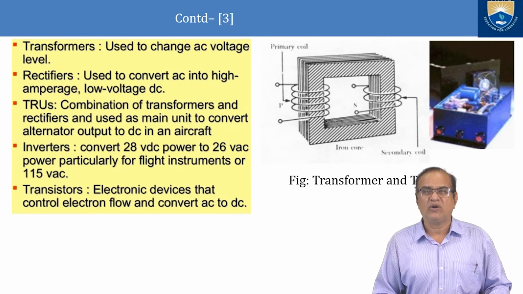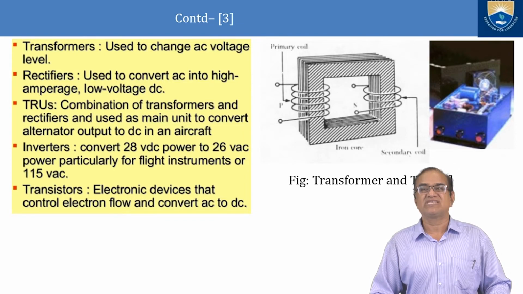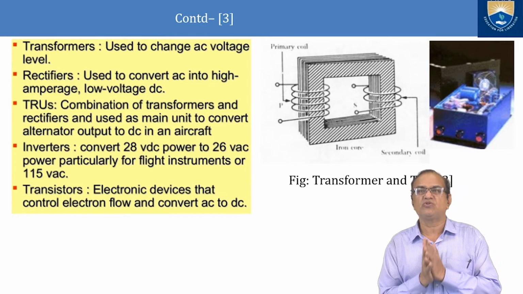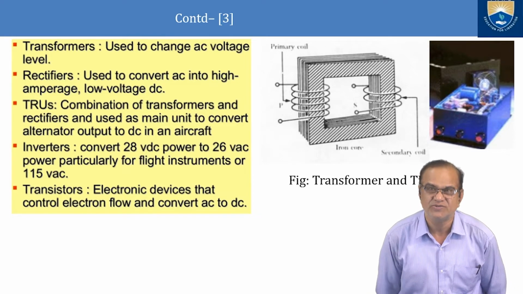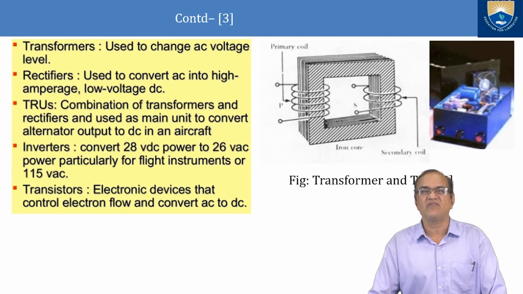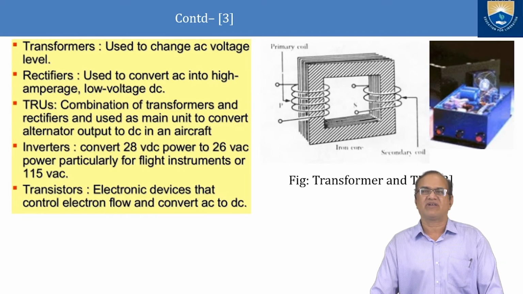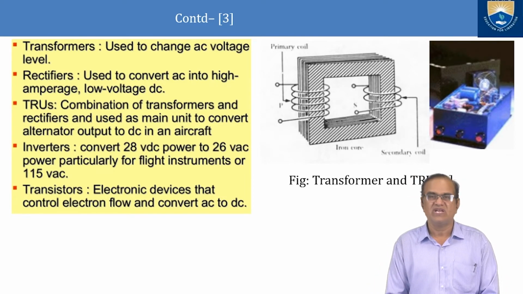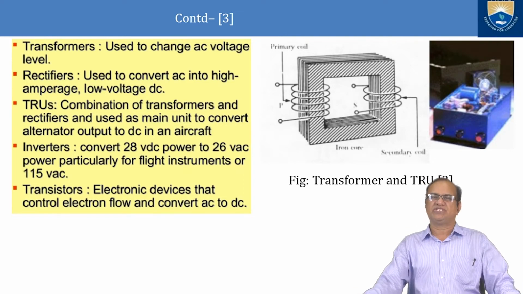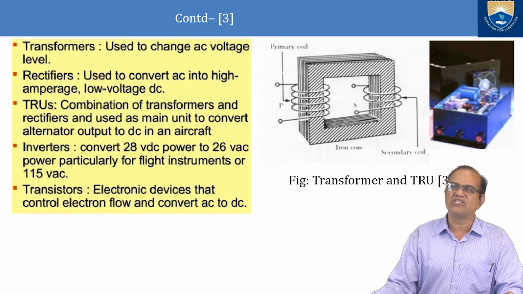Inverters convert 28 volt DC power to 26 volt AC power, particularly for flight instruments, or to 115 volt AC, as per the requirement of the particular system. So inverters convert DC to AC. Then we use transistors, electronic devices that control electron flow and convert AC to DC.